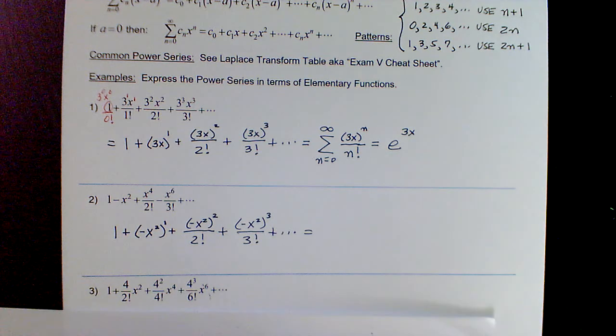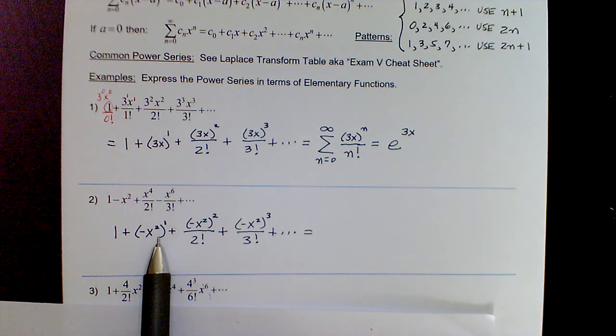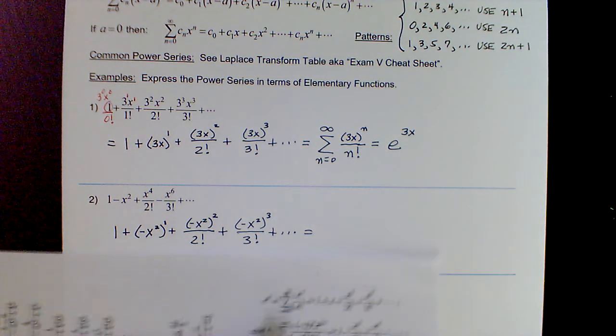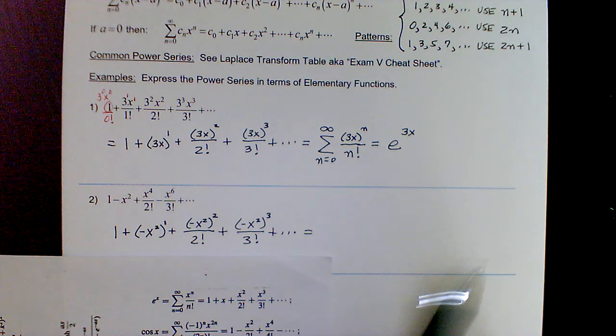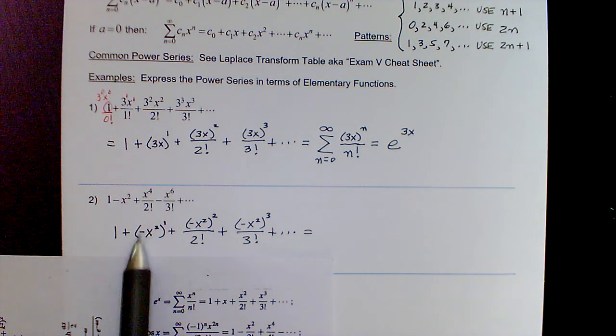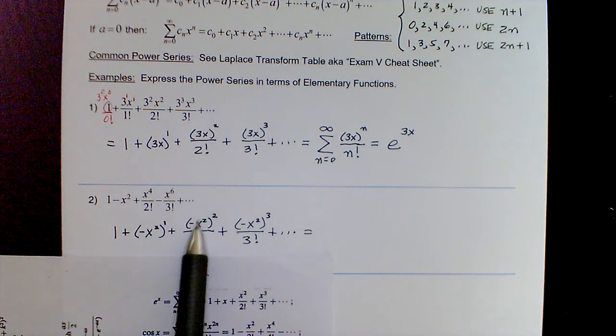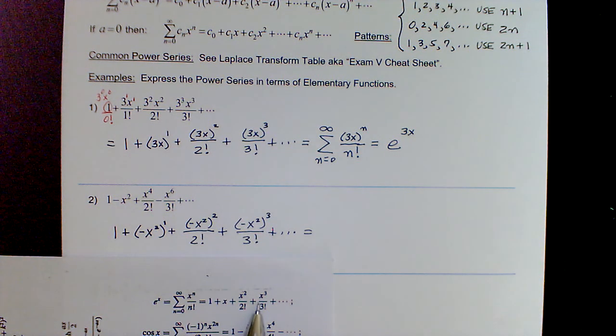So you can see how by writing it in that form, it fits the form of e to the x, because you have your 1 plus this quantity is now the x to the first, plus the quantity again squared over 2 factorial, and then the quantity cubed over 3 factorial.